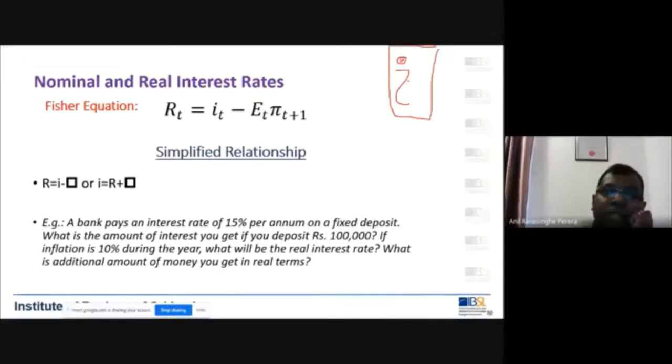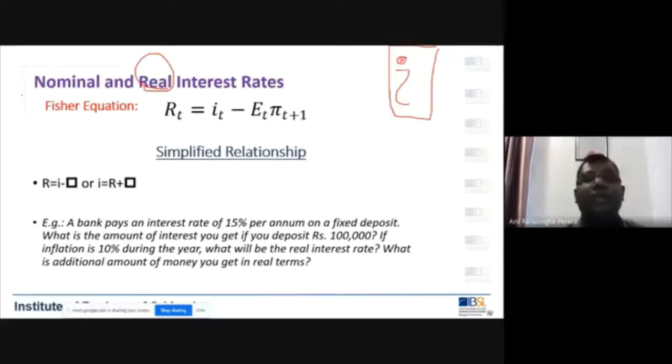To understand the purchasing power of money, we have to look at the real aspect. So real interest rate is used to understand the inflation adjusted, or in other words, the purchasing power of the money.